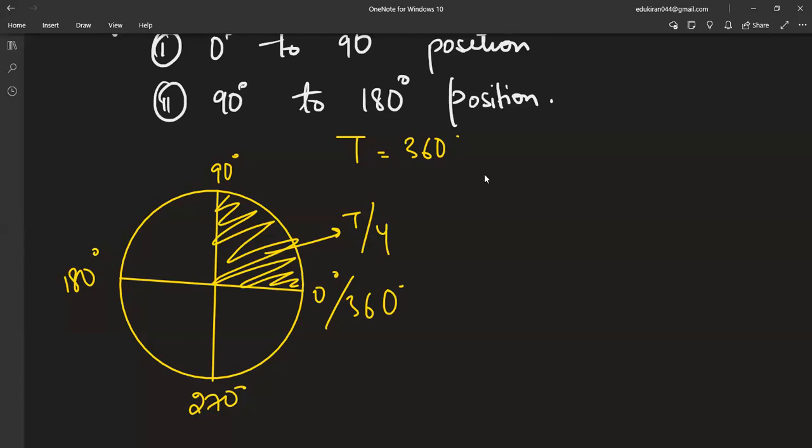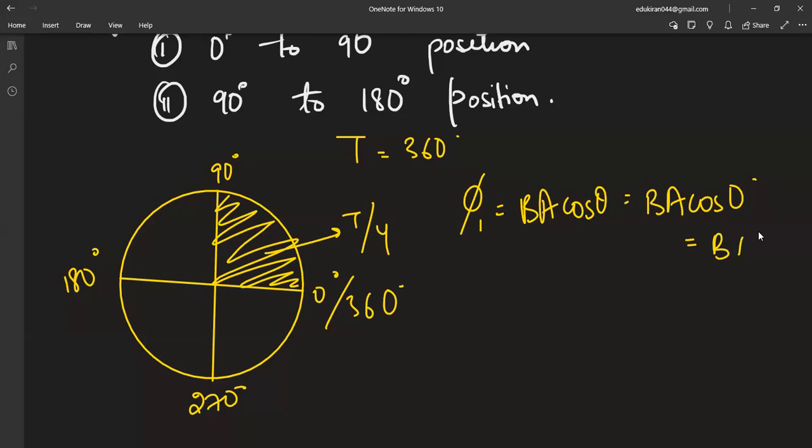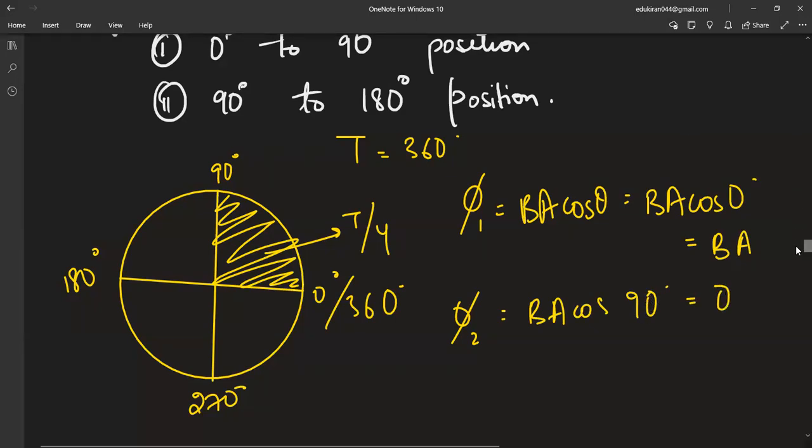Now, what will be your phi initial? This is BA cos theta. So this is BA cos 0 degree, which is BA. Cross-sectional area is not rotating. You can consider A as it is. Second is BA cos 90 degree, so that is 0. So what is now EMF?